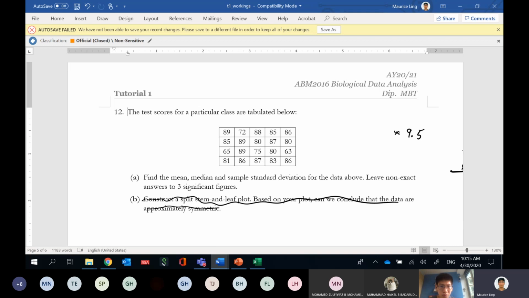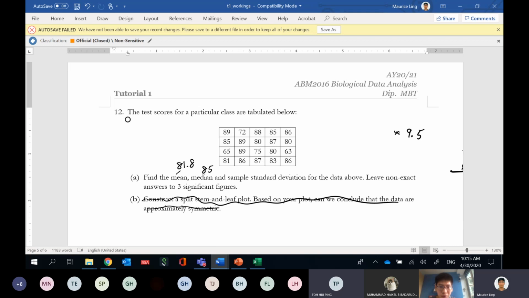Okay, Hui Ping. Mean is 81.8. Okay, 81.8, correct. Median? 85.0. Okay, you don't need to give me 0.0 because it's just one number.